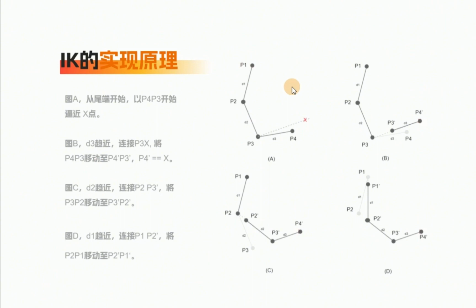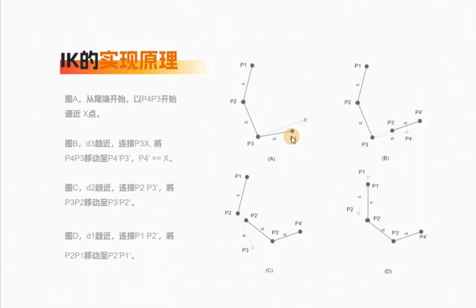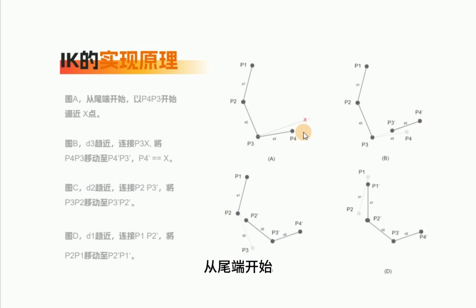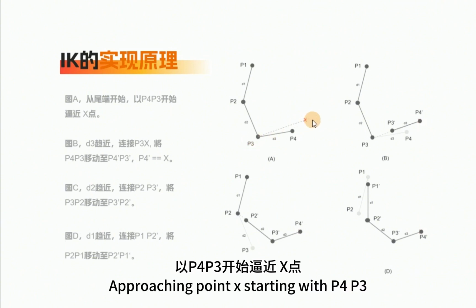For example, look at this diagram. P1, P2, P3, P4 build a chain structure. Its bone lengths are the first, second, and third respectively. Figure A: start at the end, approaching point X starting with P4, P3.